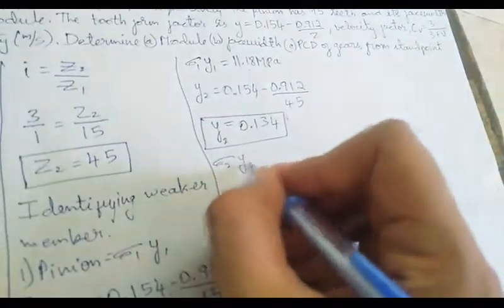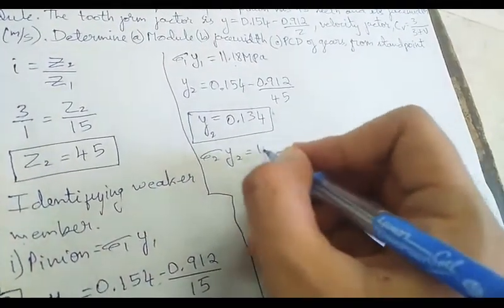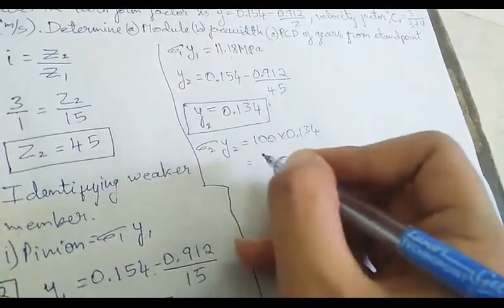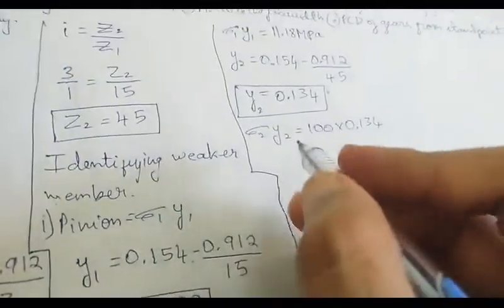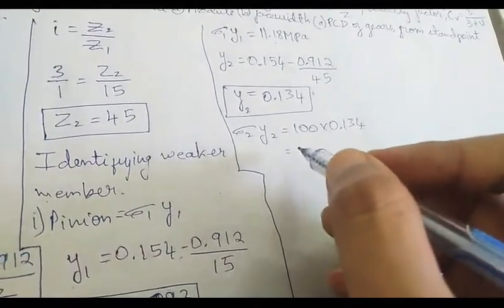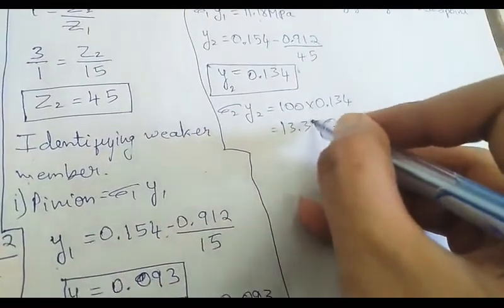So sigma 2 y2 is equal to 120 into 0.134.